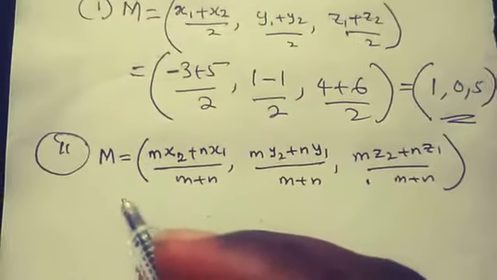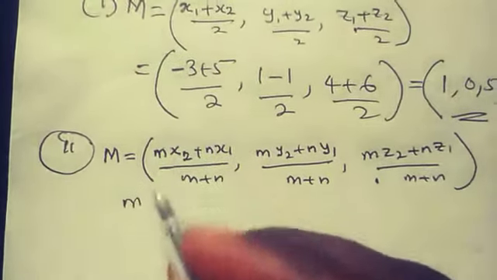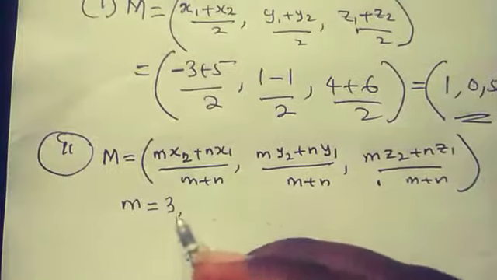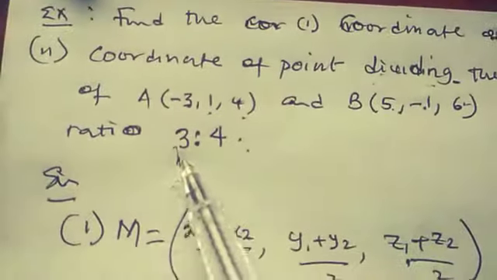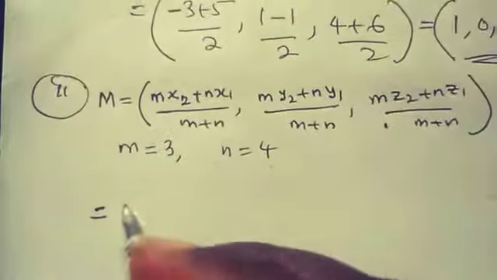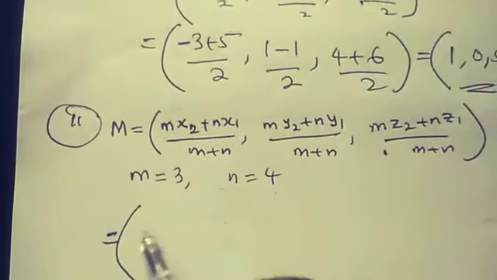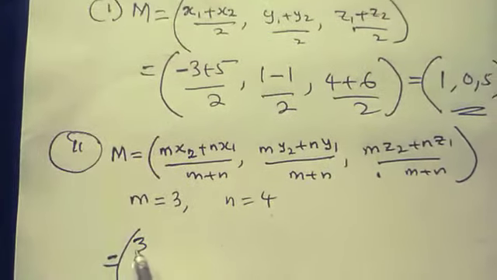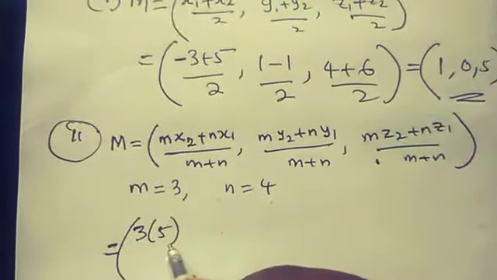Now, what is our m? In that question, our small m is 3 and our n is 4 here. So this is m ratio n. So we are going to have m, 3 times s2. That is 3 times 5.